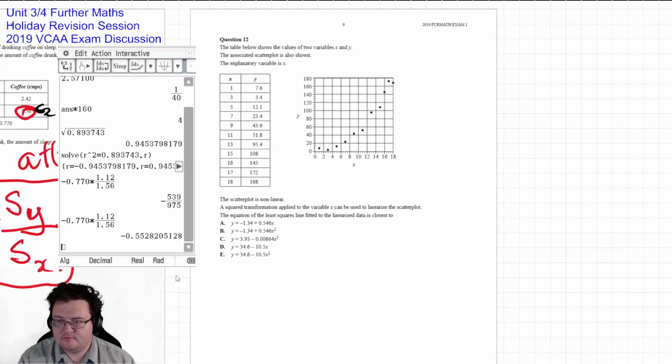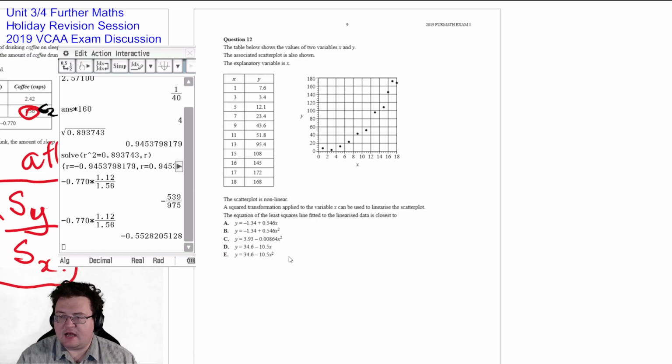Question 12. The table below shows the value of two variables, x and y. The associated scatter plot is also shown. X is the explanatory variable. The scatter plot is non-linear. A squared transformation applied to the variable can be used to linearize the scatter plot.